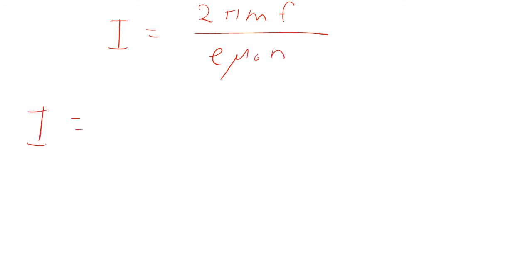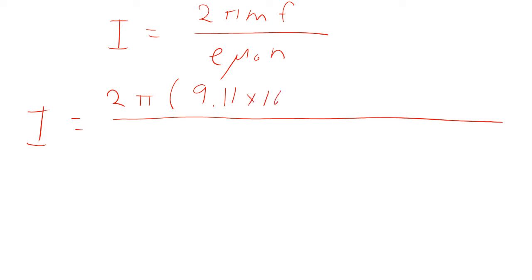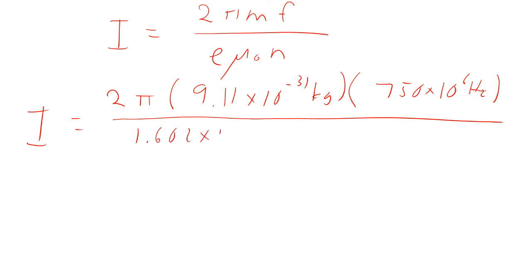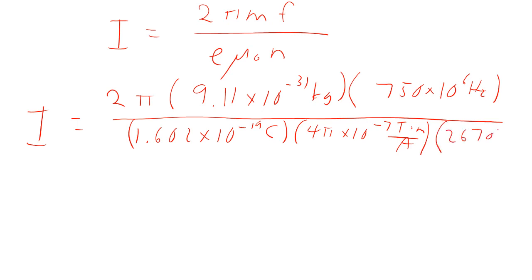So that's now 2 pi, mass of electron 9.11 times 10 to the minus 31 kilograms, times the frequency 750 megahertz, divided by 1.602 times 10 to the minus 19 coulombs, times 4 pi times 10 to the minus 7 tesla meter per amp, times 2670.